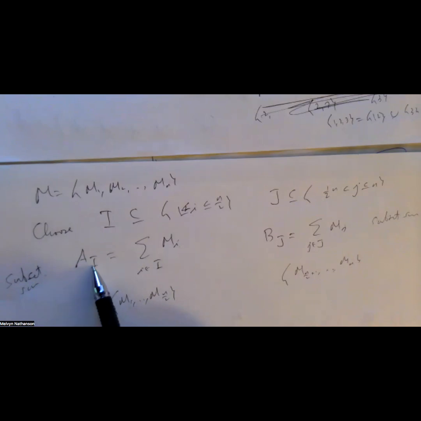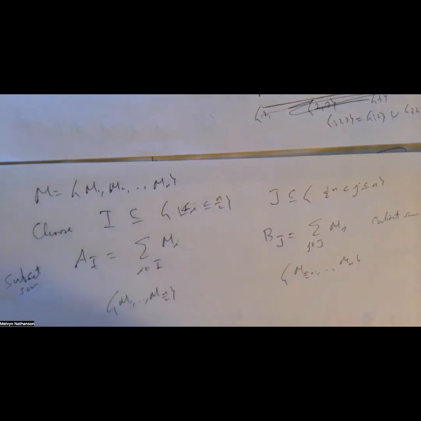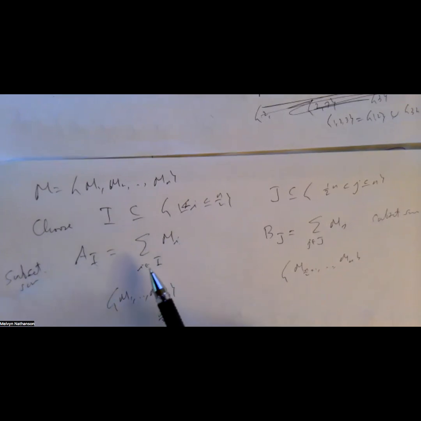So how many numbers a_i are there? It's the number of subsets of this set that I can pick. This set has at most n over 2 numbers, so the number of a_i's is 2 to the power n over 2. Do we have to write n over 2 at the top of the summation sign?